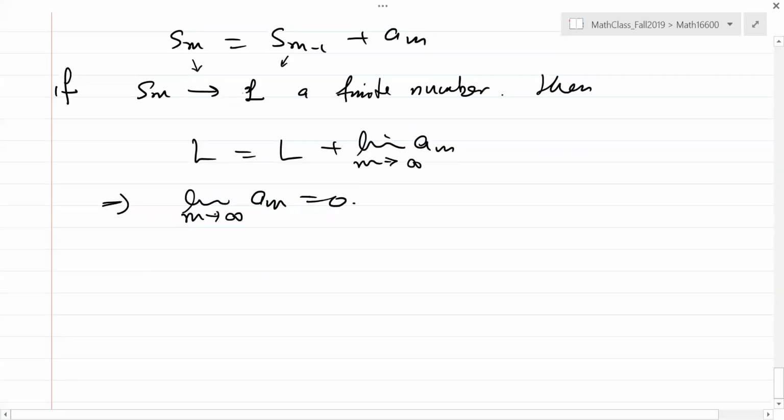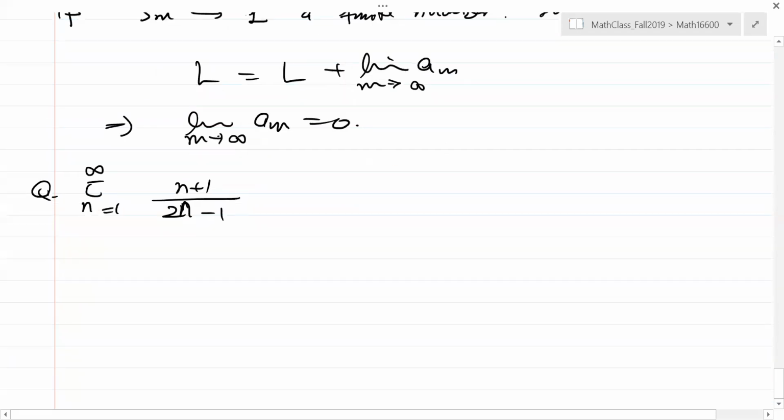All right. Take a look at this example, with 2n minus 1 in the denominator. Okay. Look at this series. It's a complicated series, right? Is it convergent or divergent? Well, you take a look at the nth term.